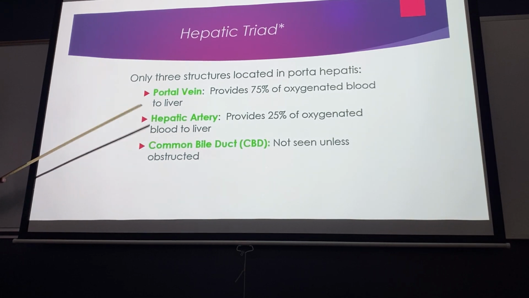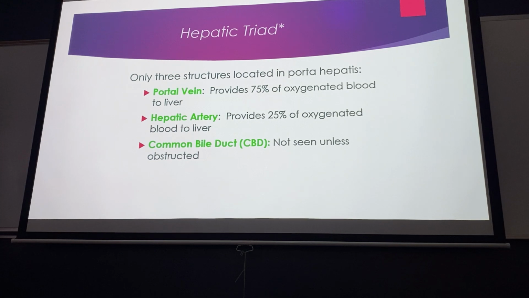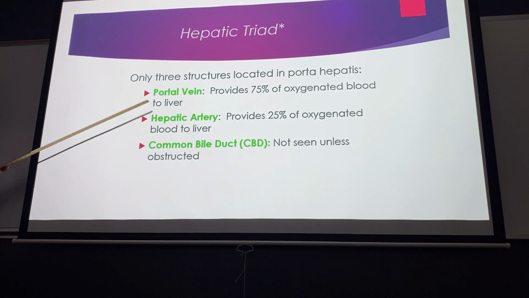Of the three, these two pretty much become evident, whether it's going to be through MRI flow void artifact or if it's going to be contrast induced CT scans. Of the two, the one that provides the greatest amount of oxygen to the liver tissue will be portal vein.